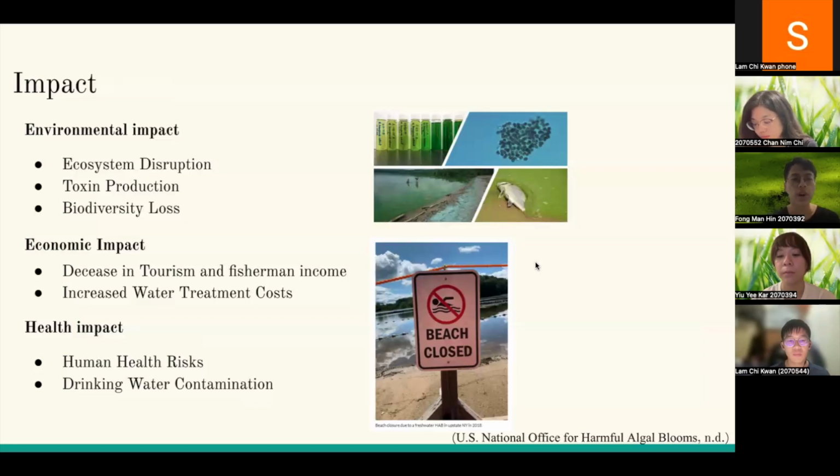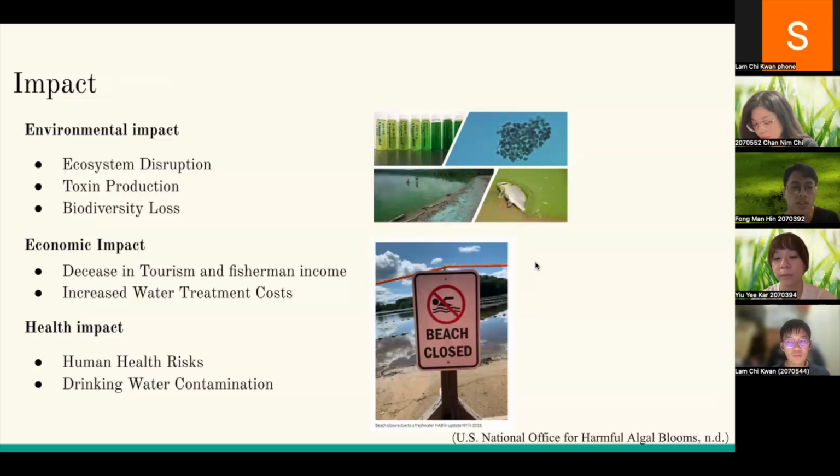And then I'll talk about the economic impacts. The decrease in tourism and fishermen income. For the fishermen, HABs can lead to fish kills, impact fish health, and result in closures of fishing areas. Shellfish harvesting can also be restricted due to toxins, affecting local economies related to these industries.